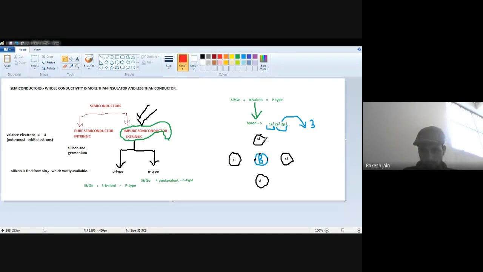So here, first circle, second circle, third circle, and fourth. Again and again, why should I draw? I just remove this. And just focus.